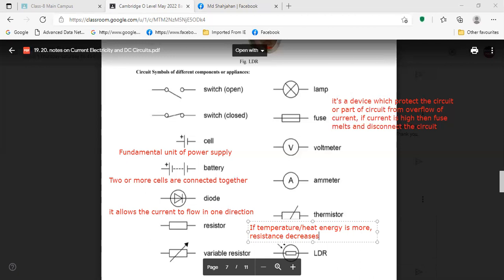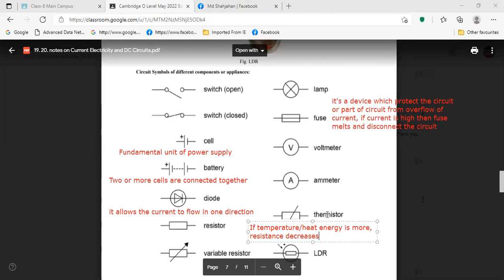When you see light dependent resistor, thermistor, and fuse, they all have a similar symbol of resistor, isn't it? If you are giving one arrow over this resistor, it becomes variable resistor. If you join the lines on both sides, it becomes fuse.